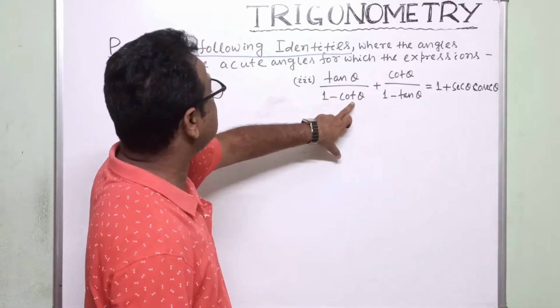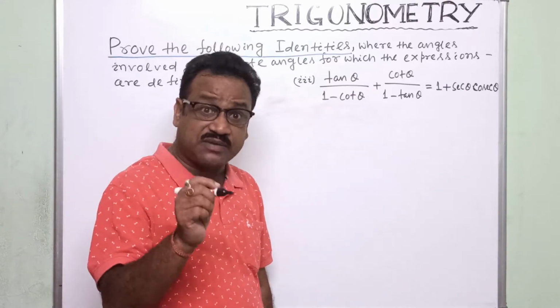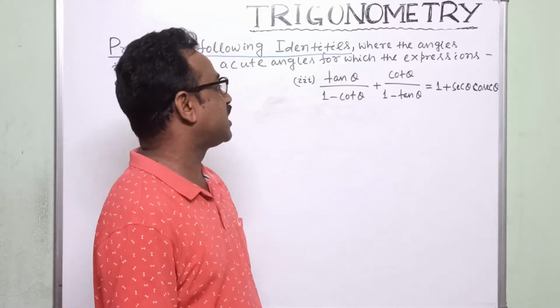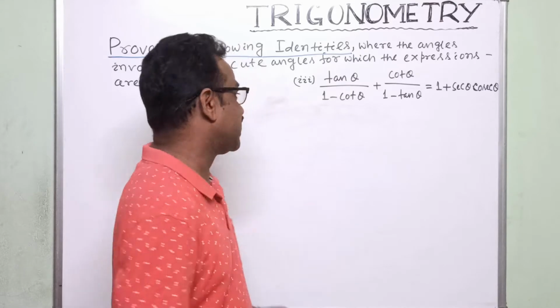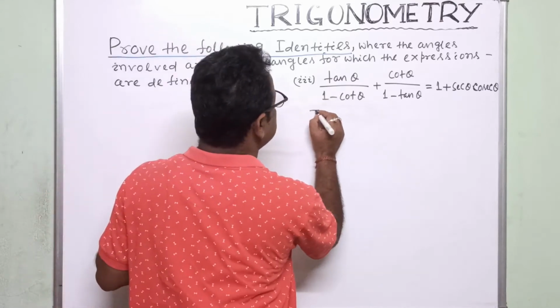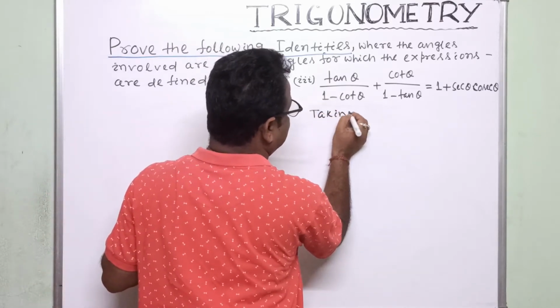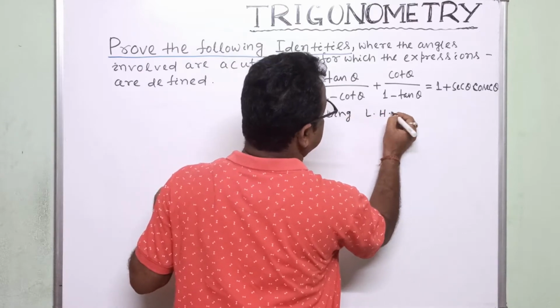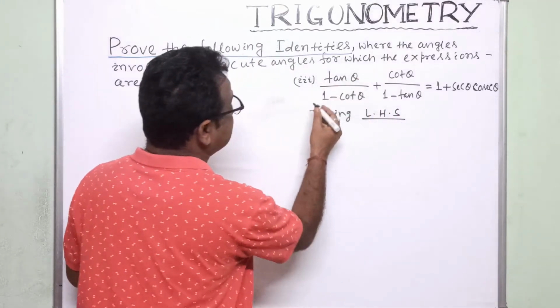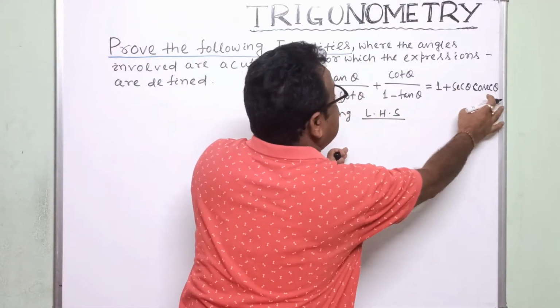Come to the next question. Tan theta by (1 minus cot theta) plus cot theta by (1 minus tan theta) is equal to 1 plus sec theta cosec theta. So okay, taking LHS, left hand side, what will we get? Tan theta we will break, we will get sec theta and cosec theta.